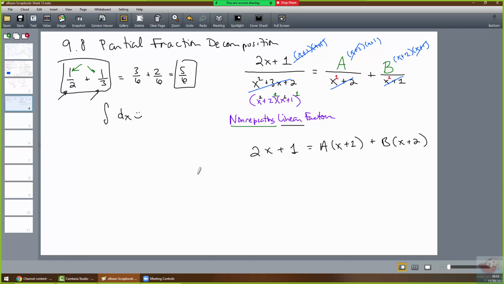Okay. This next part's a little bit of algebra. If we distribute the A through, we get Ax plus A. And distributing the B through, we get Bx plus 2B.